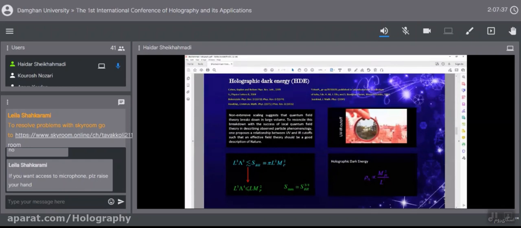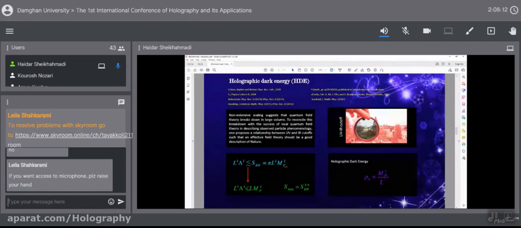To avoid any difficulties that appear in effective field theories, the Bekenstein entropy bound may be satisfied if one limits the volume of the system according to this equation. You see this equation here: L cubed lambda cubed smaller than the entropy of the black hole, which is based on L squared over Planck squared.